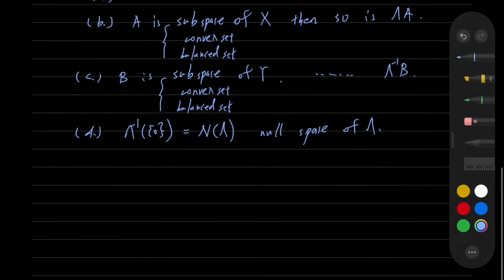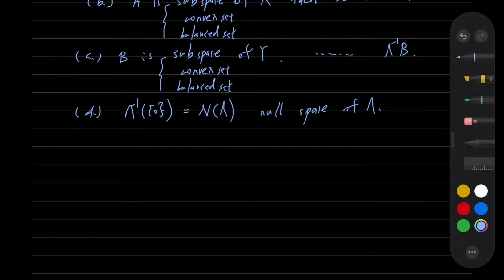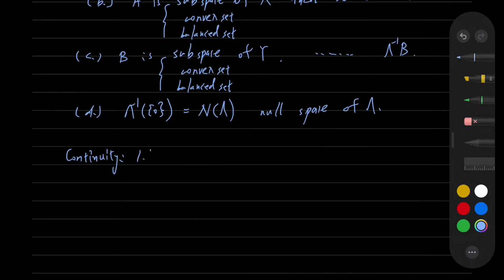Now let's give an easy observation on continuity, which is stated as Theorem 1.17.